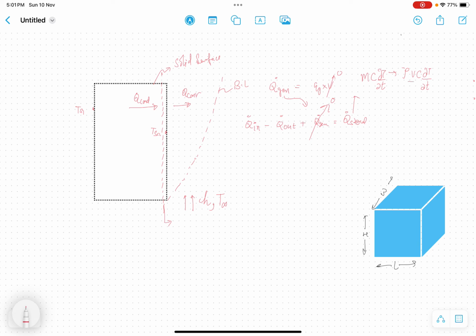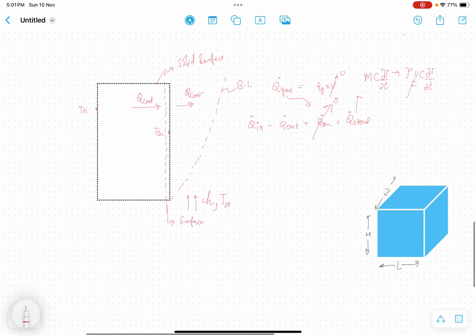Since the volume is zero for this surface, the unsteady term will also go to zero. So we are left with Q in equal to Q out. Remember that for any surface the energy balance is zero because it has no volume. A surface is only a plane, no thickness.